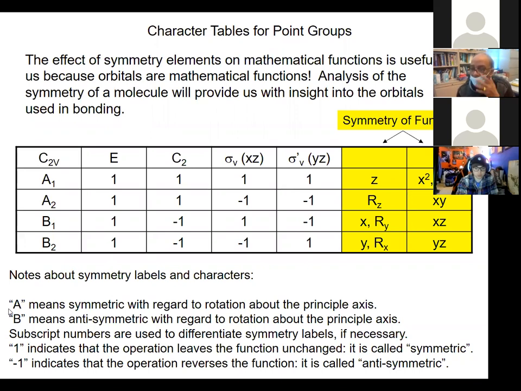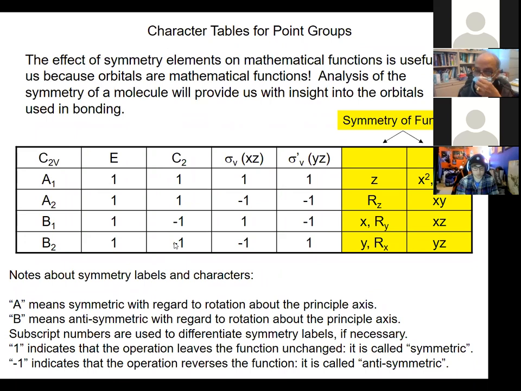So, quick notes here. When we talk about A, we already said it is symmetric with regard to the rotation about the principal axis. So principal axis of rotation is C. If the value is symmetric with respect to the principal axis of rotation, then we will give the value A. And if it is anti-symmetric, we give B. So that is the difference between A and B. For example, in the exam, I give you a representative character table, and I fill in the A's and ask you to predict what should be the B here.